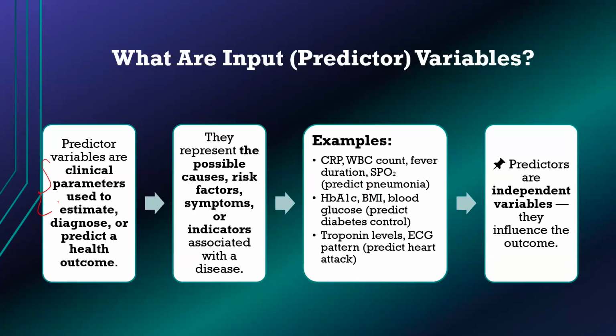Some examples are the WBC count of the patient, the fever duration, or the oxygen saturation level, that can help us predict pneumonia cases. Similarly, the BMI of the patient or the blood glucose level can further assist in the prediction of diabetes.